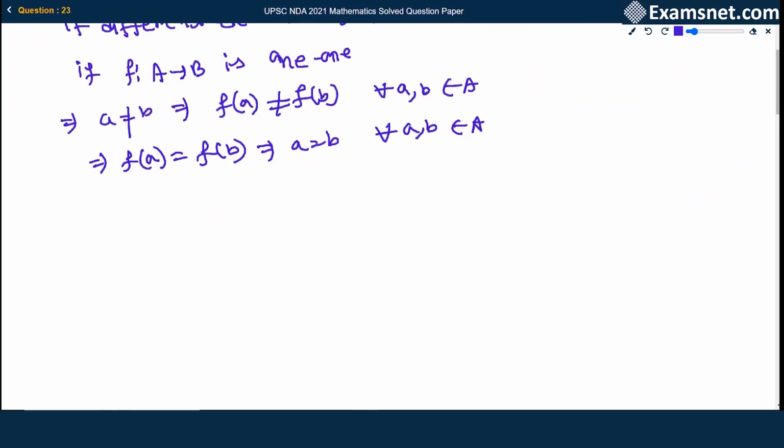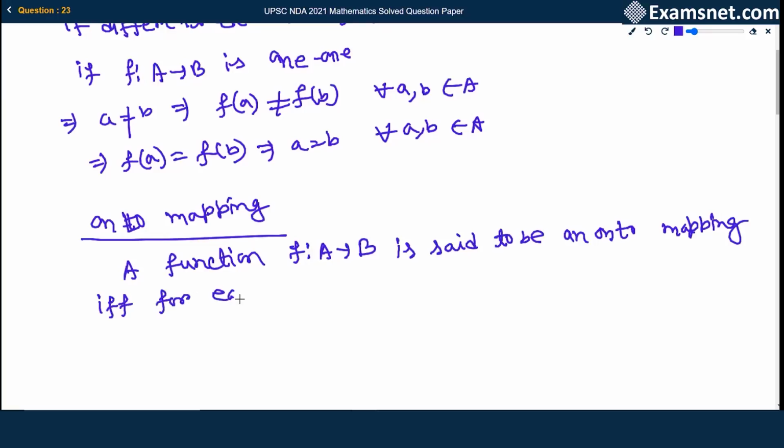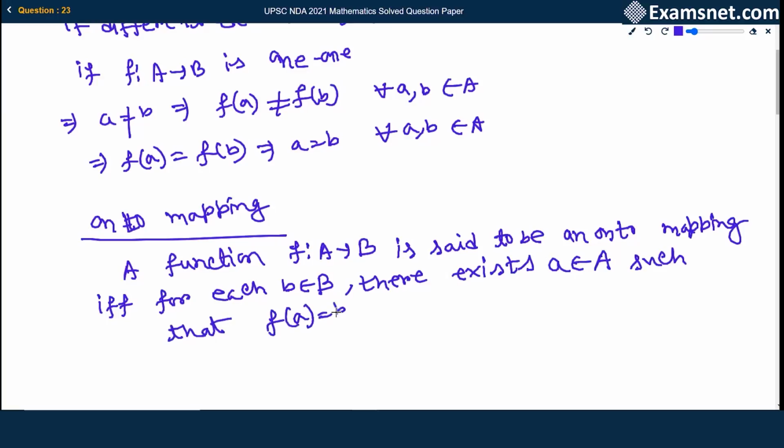Okay. And also, onto mapping. A function f from A to B is said to be an onto mapping if and only if for each b belonging to the B set, there exists a belonging to A such that f(a) equals b.